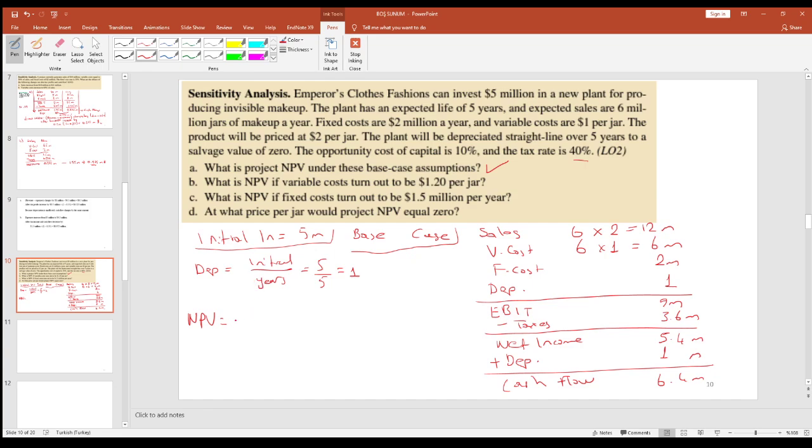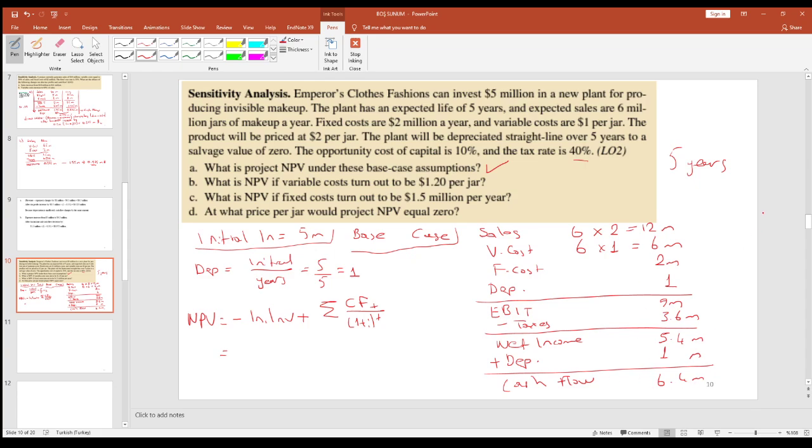Remember the equation: minus initial investment plus all discounted cash flows. Alright, so let's plug these figures into this equation. The project was for 5 years, a 5-year project. So at each year, all assumptions will be the same.